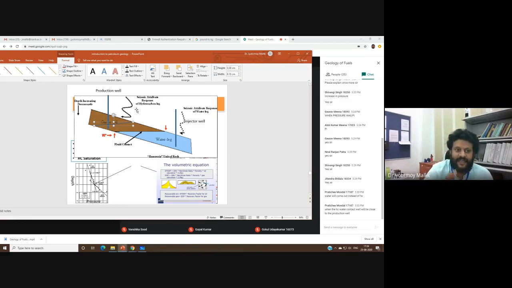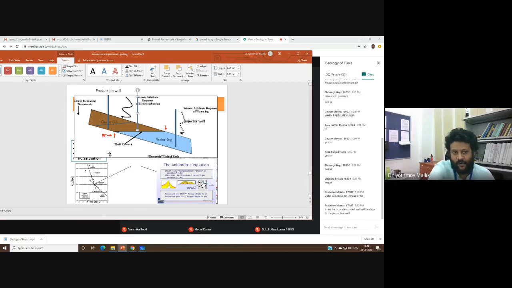If it keeps on moving up, there will be some production wells, say for example, maybe not this one. If a production well was here, the one which was in the oil or gas leg is now completely in the water leg. So no problem in converting this particular production well to an injector well.